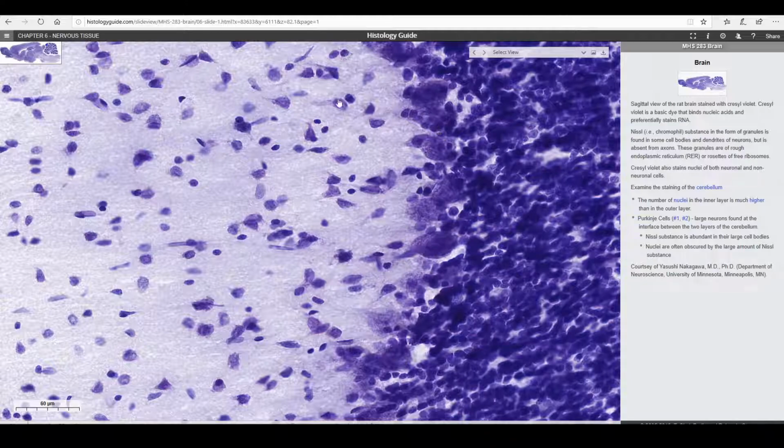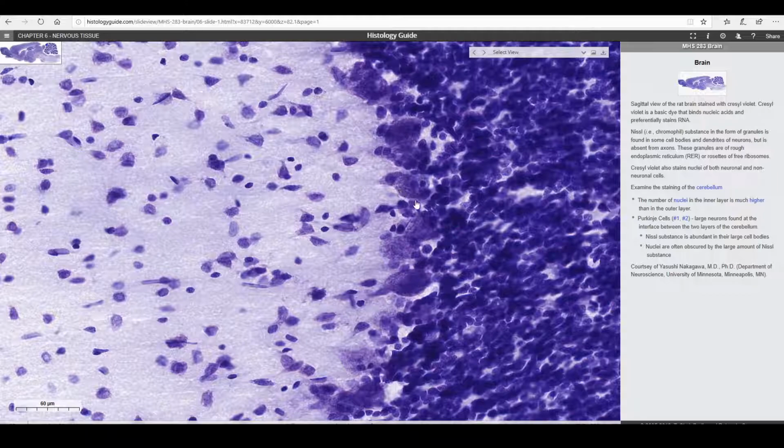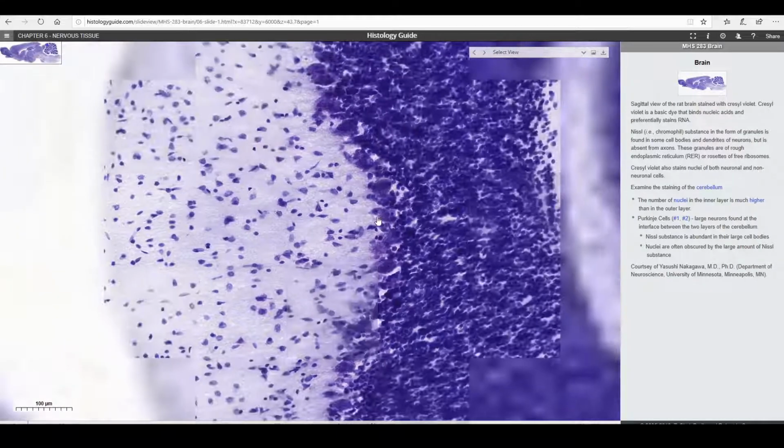All of the other cells are typically either other neurons or, statistically speaking, neuroglial cells. Also important to mention is that the neuroglial cells are way higher in amount than the neurons themselves. So this is a typical characteristic and location of the Purkinje cells.